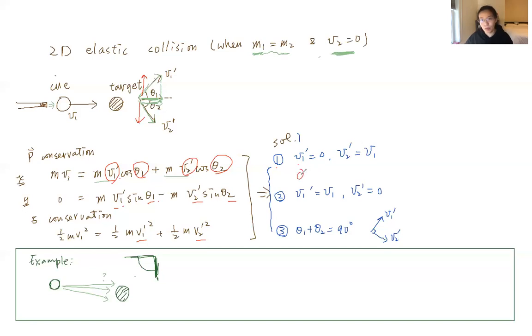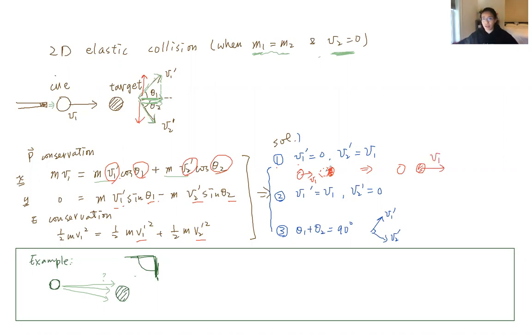This means when my cue ball hits my target ball with the velocity of v1, this will be a head-on collision, where the cue ball will stop right before the target ball, and the target ball will move forward with the velocity of v1.